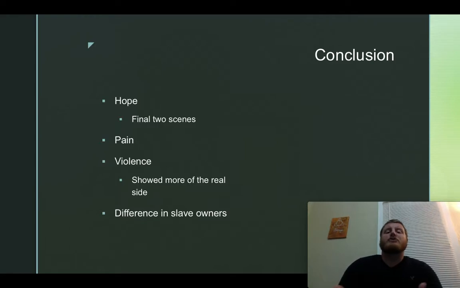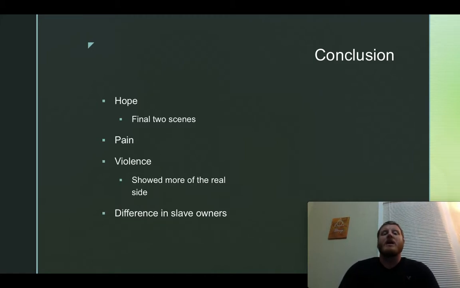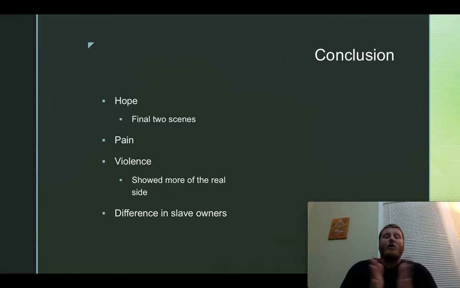Looking at a conclusion of all these points, and seeing how slavery was really shown in the film Birth of a Nation, I thought one aspect that was very interesting was looking at how hope was seen in the two films.